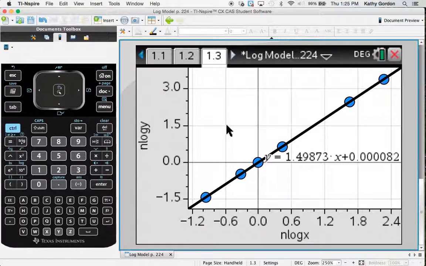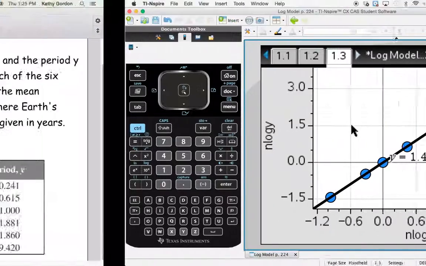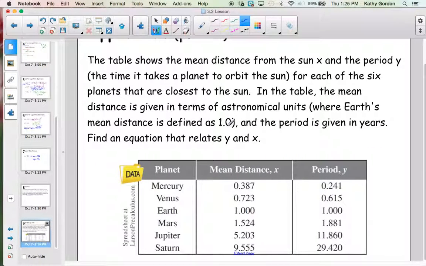And from my equation, I should be able to get my slope, which is about what? 1.5. About 1.5. So that means that the model for this data is that ln y equals 1.5 ln x.